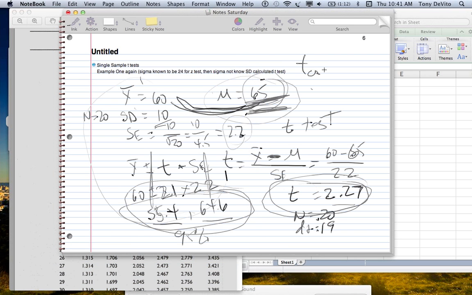T critical for a sample size of 20, in other words, degrees of freedom equal 19, is equal to 2.09. If I get a t-value that exceeds that, there's less than a 5% chance that these two means came from the same population. So I can reject my null hypothesis.